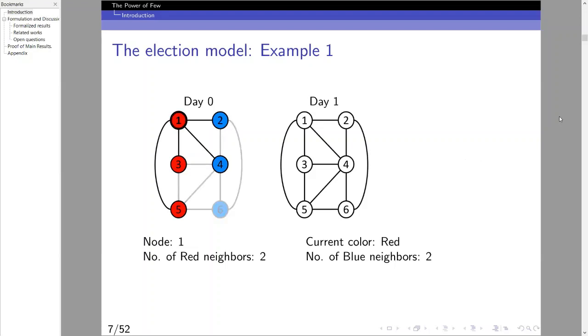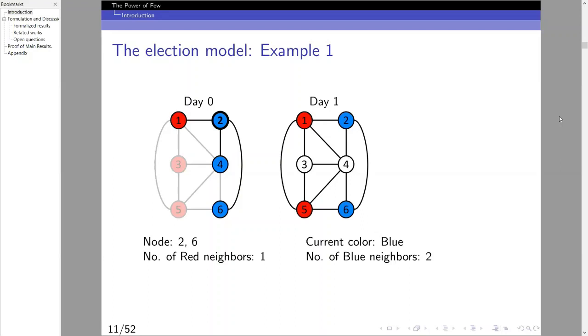So let's consider 1. We have 2 blue and 2 red neighbors. So it's a tie, so it will keep its current color, which is red. The same goes for 5 by symmetry. Let's look at 2. We have 2 blue and 1 red neighbors. So by majority, it will be blue.